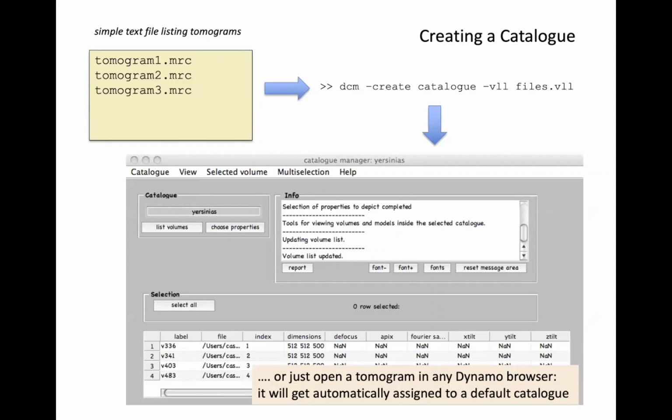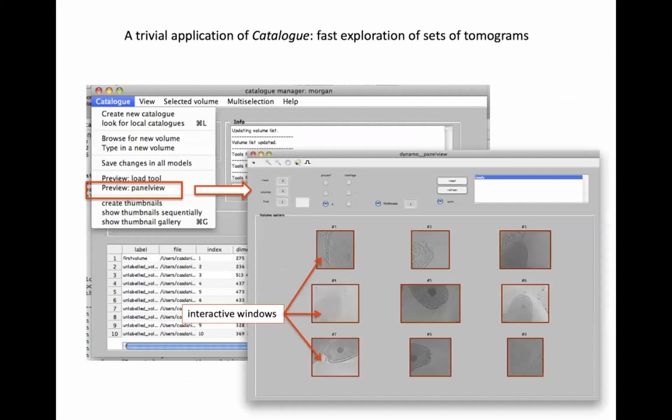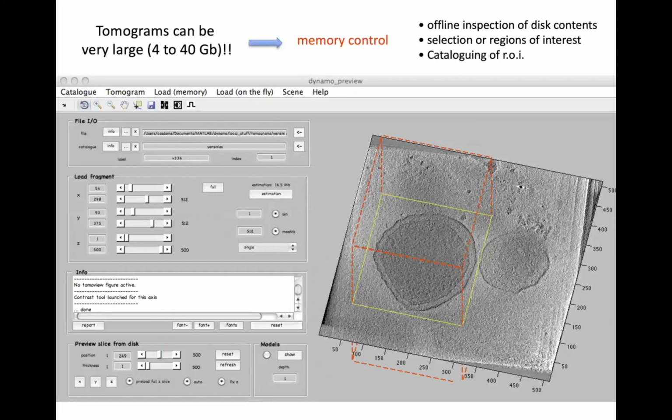The things that you do in the catalog come from simple things, like an easy way to visualize your different tomograms, to access them with a system of memory control, because remember that we are talking about tomograms.